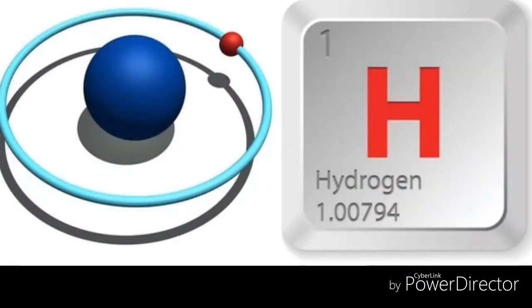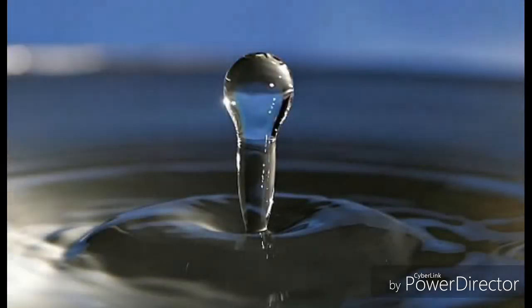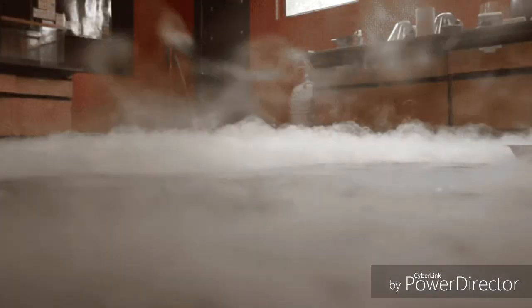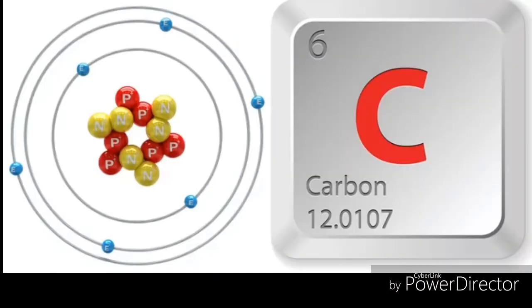So hydrogen is a colorless gas. Carbon as charcoal, graphite, or coke is black.